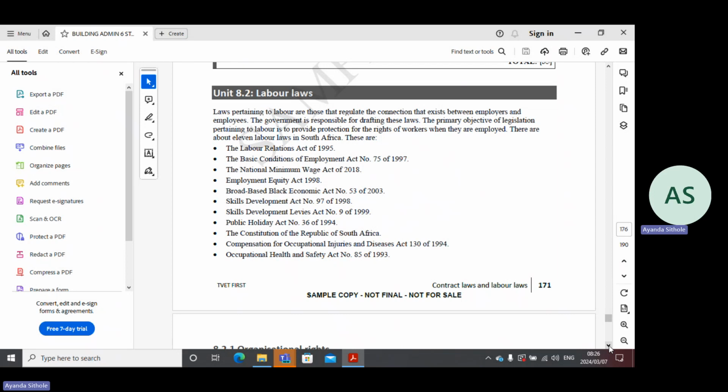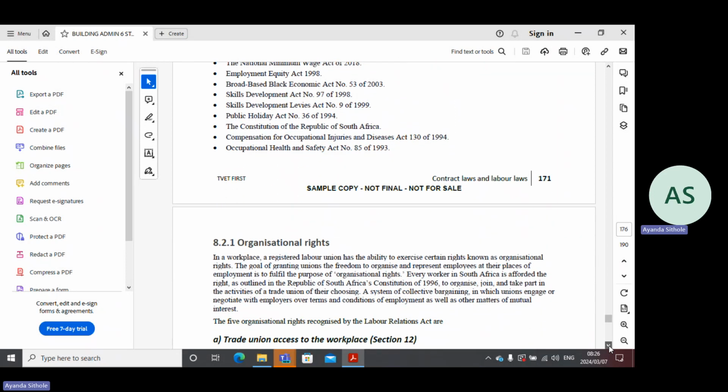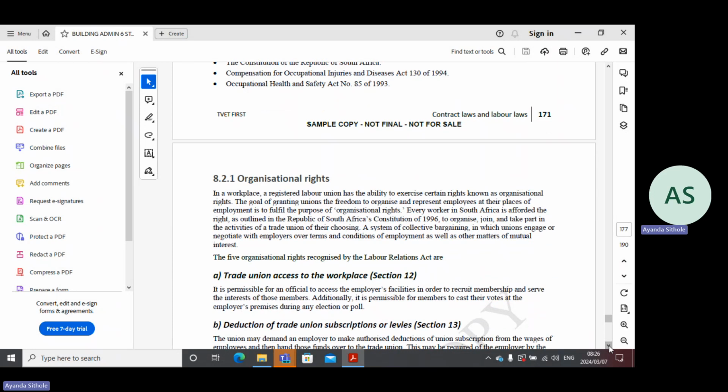So those are the 11 labor laws. Read them and understand them, guys. They will help you in future.